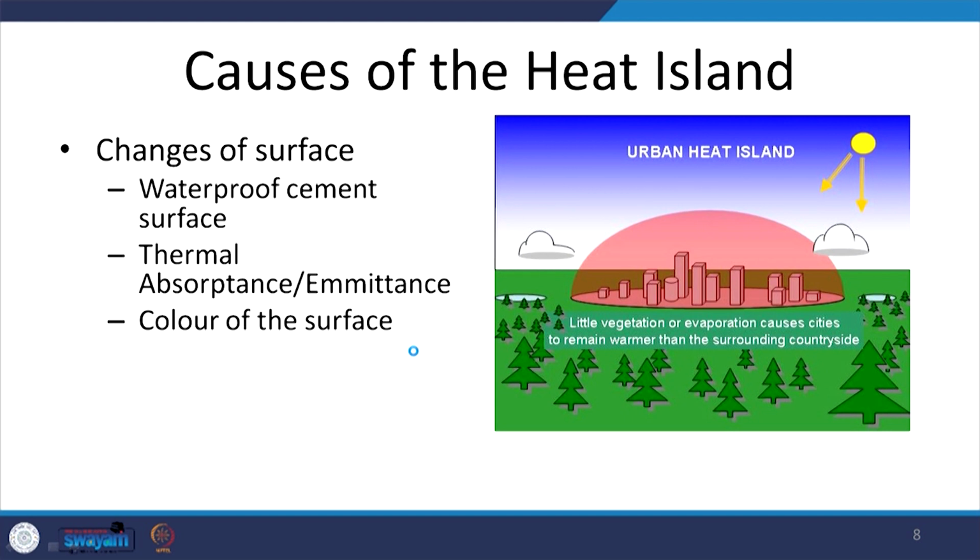Now, what is happening, as I said in the very first slide, is that when we cut down the forest area and the greenery and we construct the buildings, the built mass comes up. So, this change in the surface is responsible for this heat island for multiple reasons.